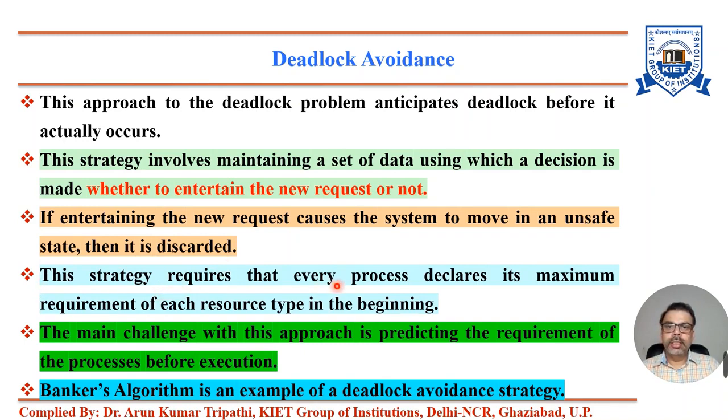This strategy requires that every process declares the maximum requirement of each resource type in the beginning: which resource I need, and how many instances of that resource I require during the execution. Banker's algorithm is an example of the deadlock avoidance strategy. Using the Banker's algorithm, we can avoid deadlock.